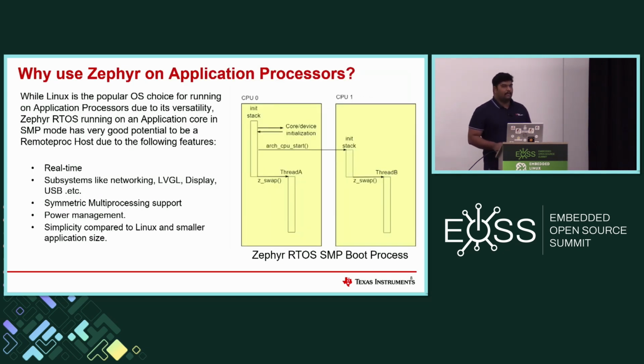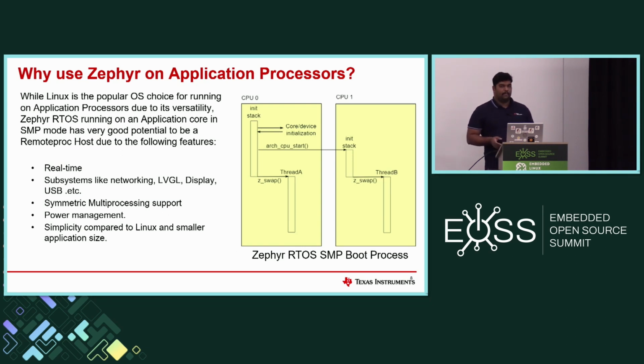You might wonder why even use Zephyr on application processors. Those are designed with an MMU and a complex pipeline to run Linux or a high-level OS, and in most cases Linux is the popular choice for application processors due to its versatility. But Zephyr RTOS can also be a good choice for the application core, because Zephyr supports SMP, symmetric multiprocessing, on Cortex-A with 64-bit ARM cores, and gives you real-time performance.